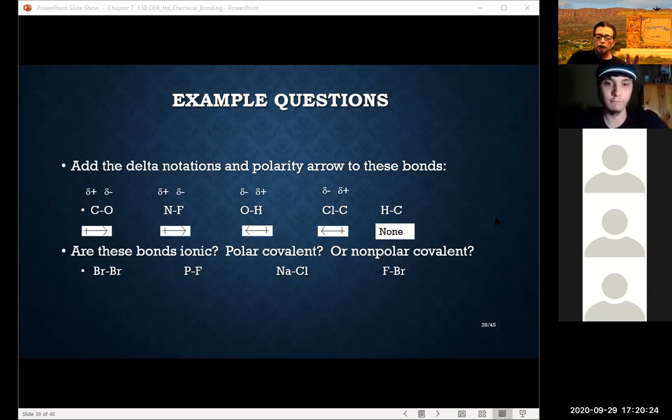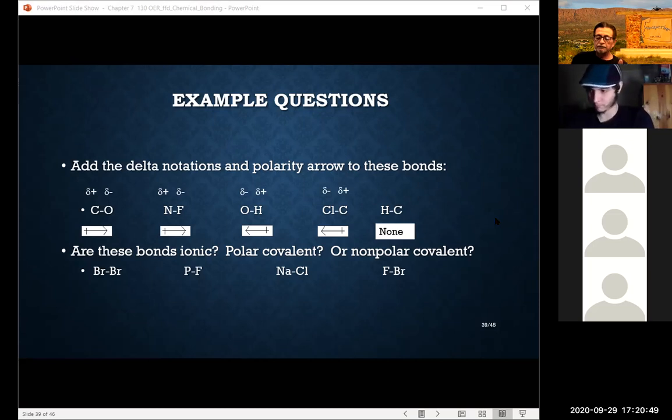What about Br-Br? Is that polar or non-polar? Non-polar. Exactly, non-polar, because we have 2 elements that are the same. The tug of war in that line that represents the bond is equal. Okay? So, PF, phosphorus and fluoride.